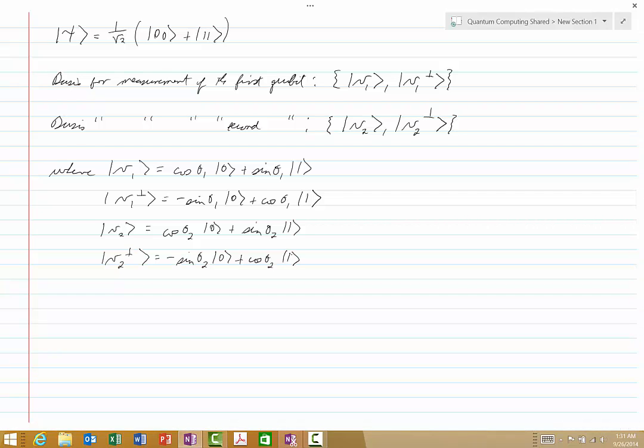So now what we want to do is to express C in terms of these kets.